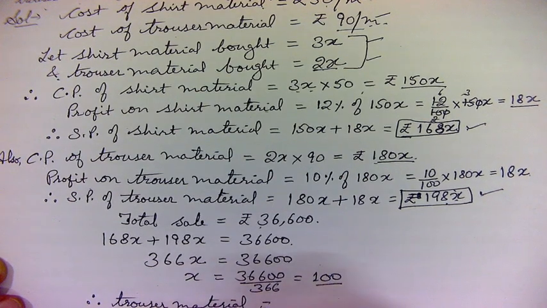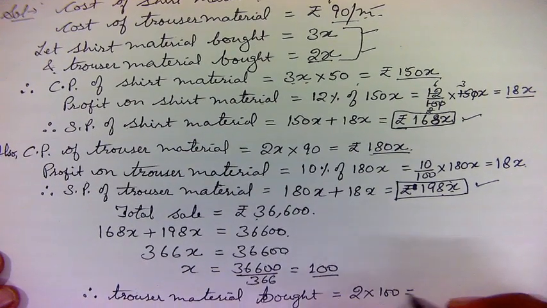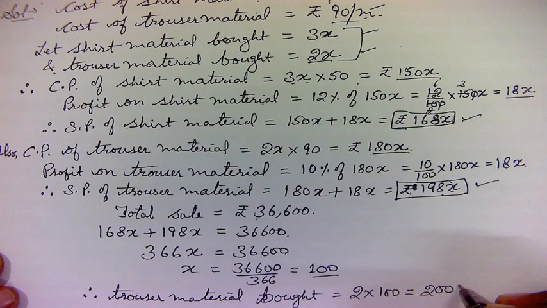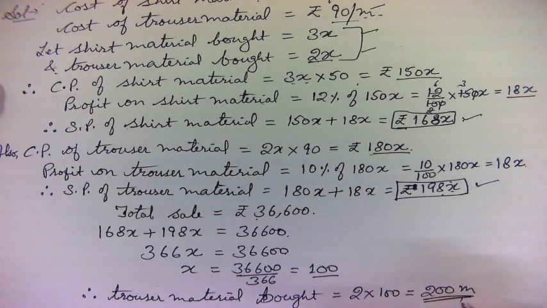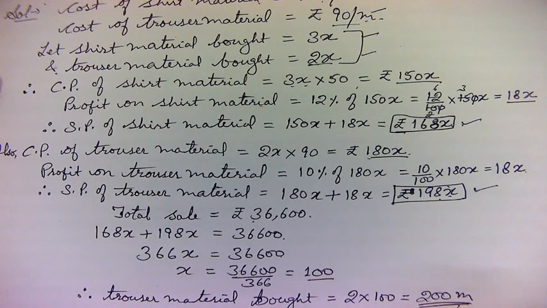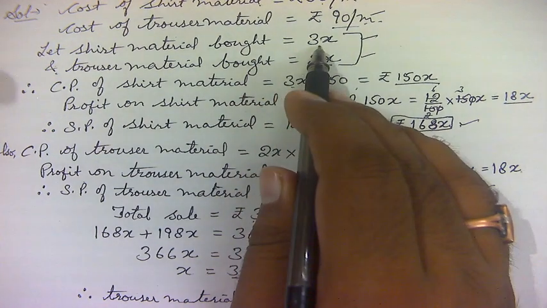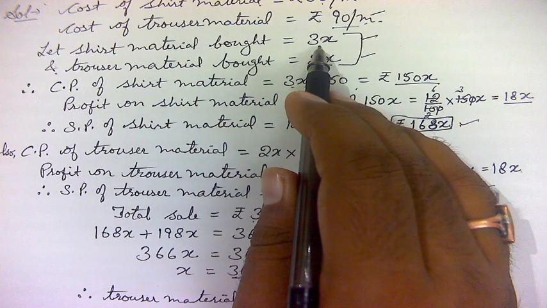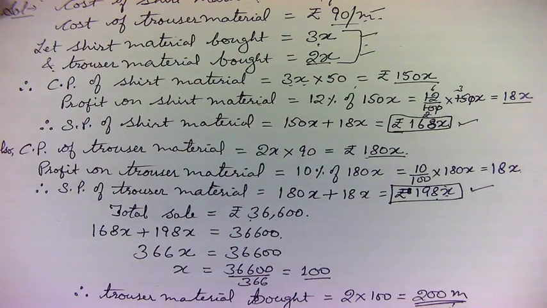Therefore, trouser material bought is 2 multiply 100, that is 200 meters. So this was the question. If they had asked what shirt material he bought, then shirt material bought is 3 multiply x, that is 300 meters. But you are asked only the trouser material, so this is enough.